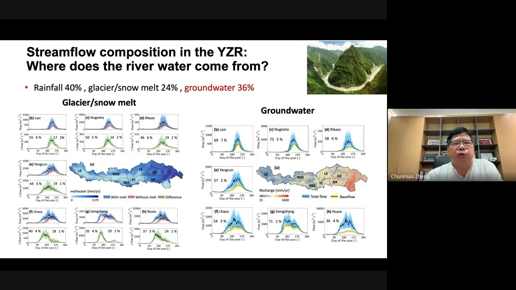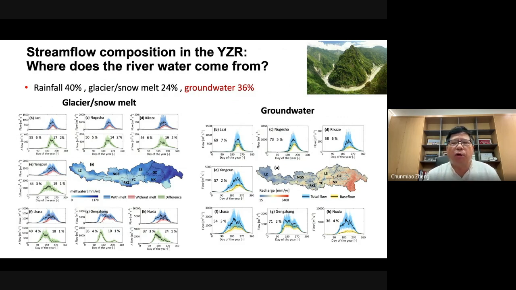We were able to quantify the runoff in the Yarlung Zangbo River: 40% coming from rainfall, about 24% from glacial snow melt, and the groundwater direct discharge to the river, the base flow, is 36% overall.